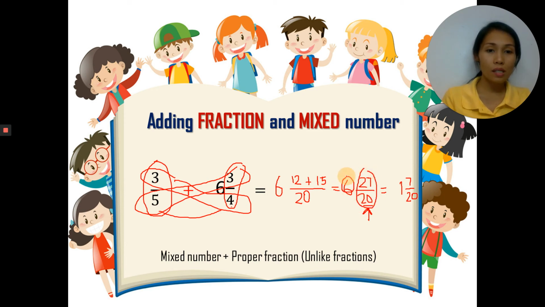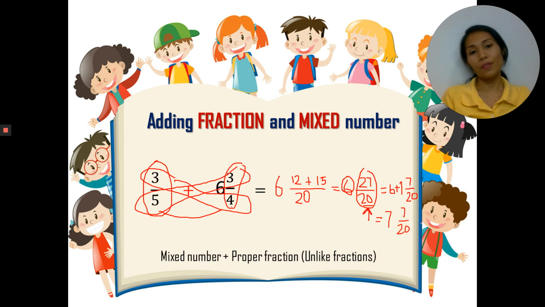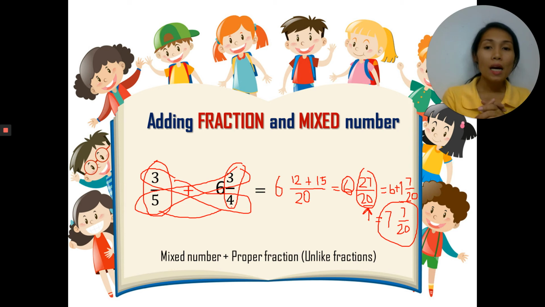How about 6? We will add 6 from the whole number that we got. So our final answer is 7 and 7/20. Okay, so that's it. When you're dealing with a fraction and a mixed number, there are two ways you can use.